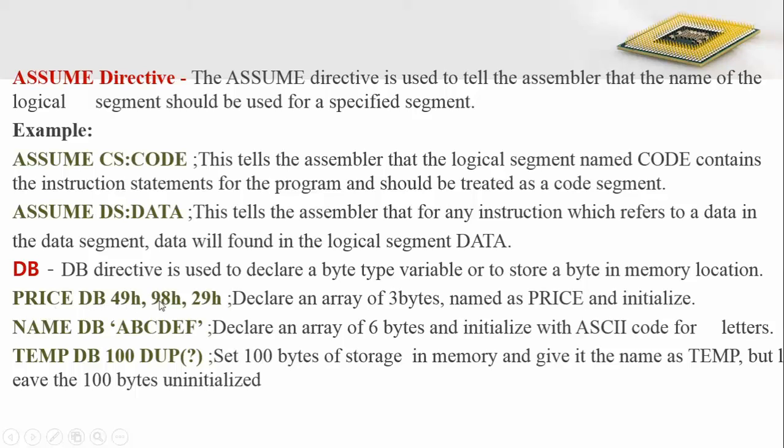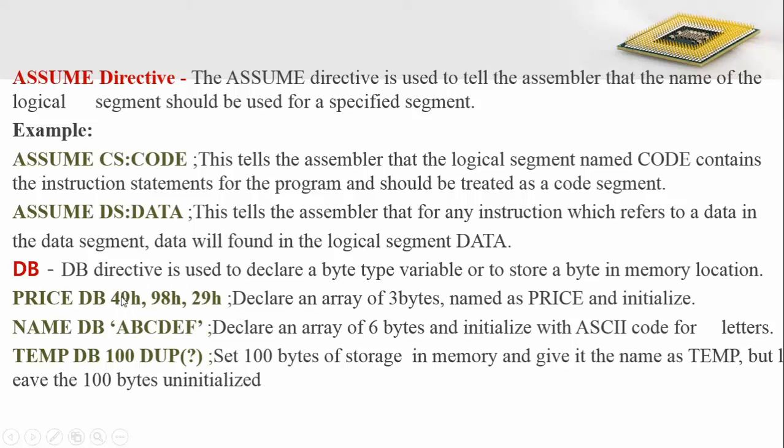Here we define bytes. How many bytes need to be allotted? Here we have 3 values to store, each value in a single byte. This data needs a byte for storage, this data needs another byte, and this data needs another byte.